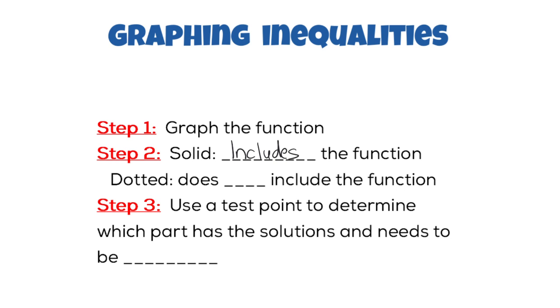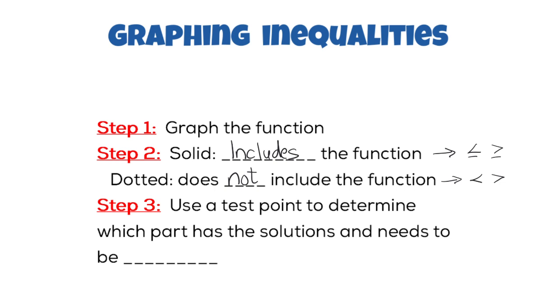Whereas if you show it with a dotted line, it does not actually include the function as valid solution points. Remember, solid is going to be when you have or equal to's, something like this. Dotted will not have the or equal to, something like that.